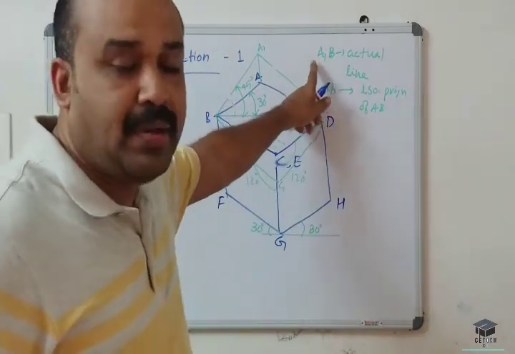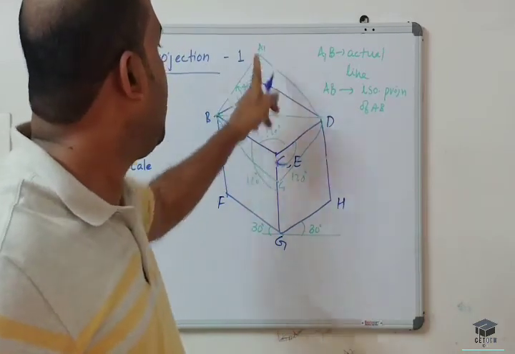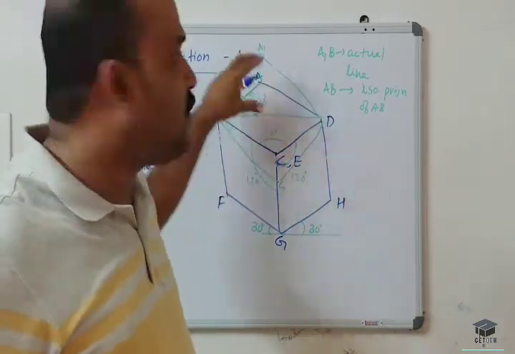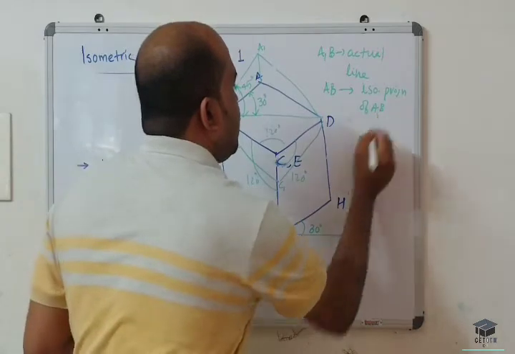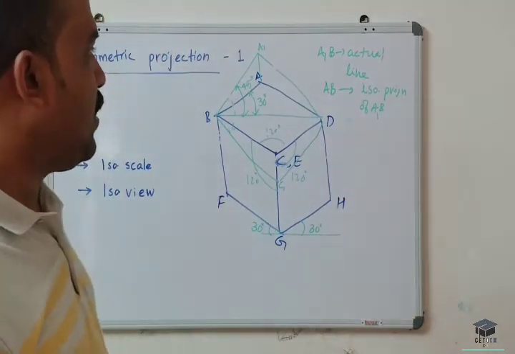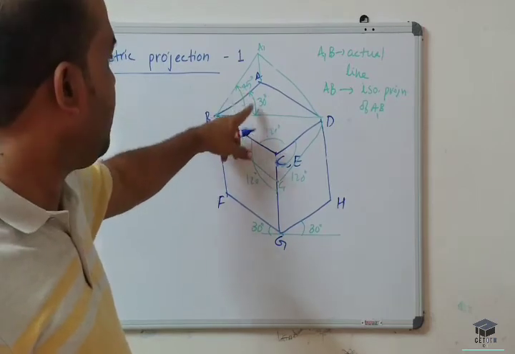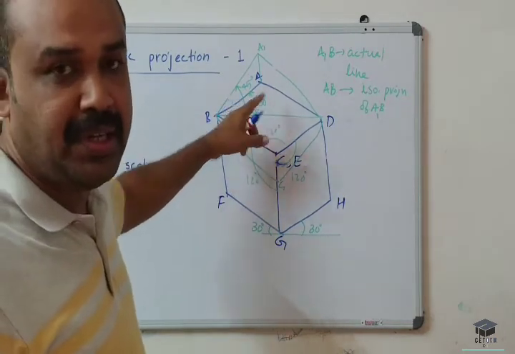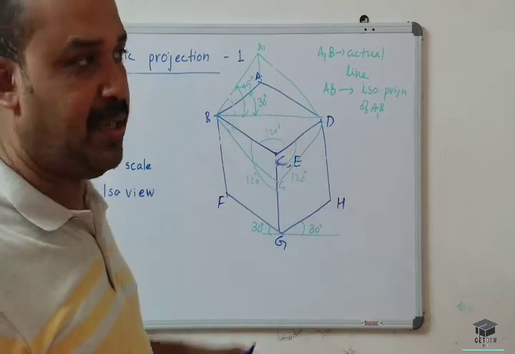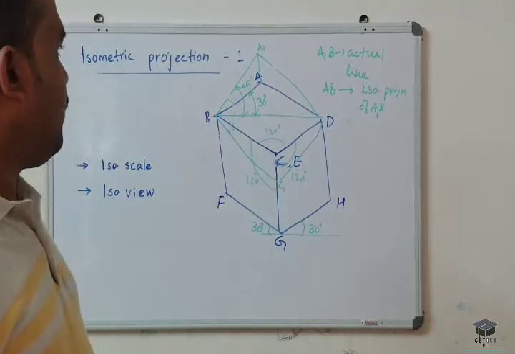This is very important. A1B is the actual line and AB is the isometric projection of the actual line. You can see that the angles are changed. Originally it was 45 degree, but now the projection is reduced to 30 degree.